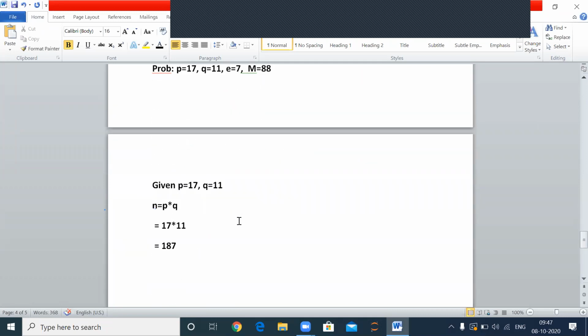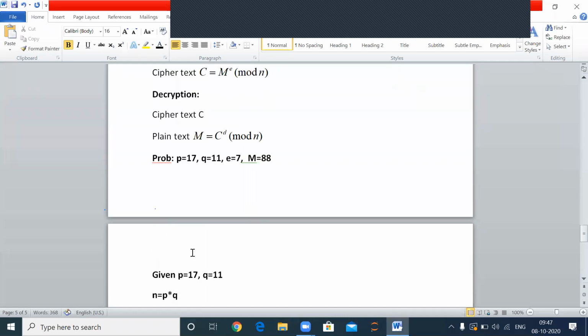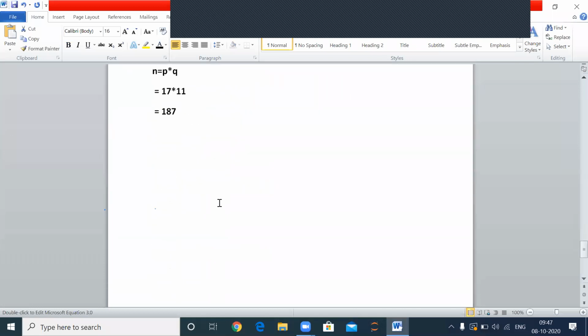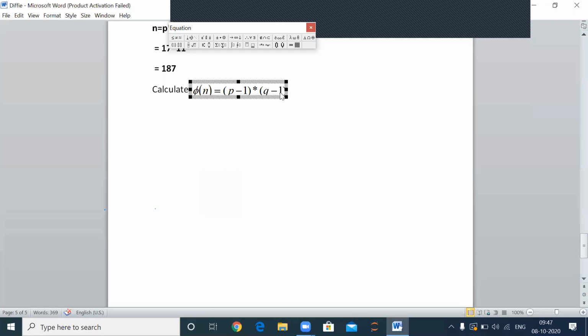Next, we calculate phi of n. You know how to calculate phi of n? P minus 1 into Q minus 1.